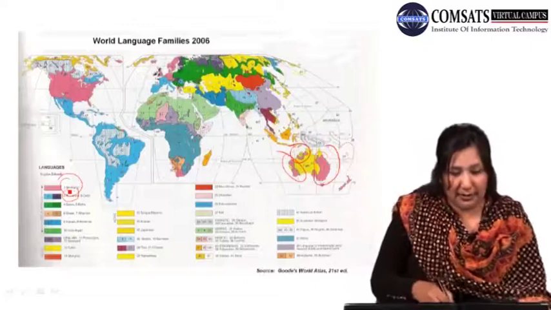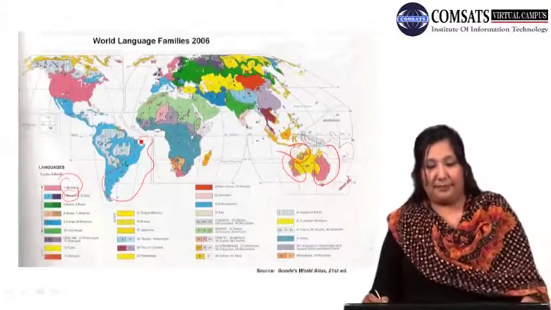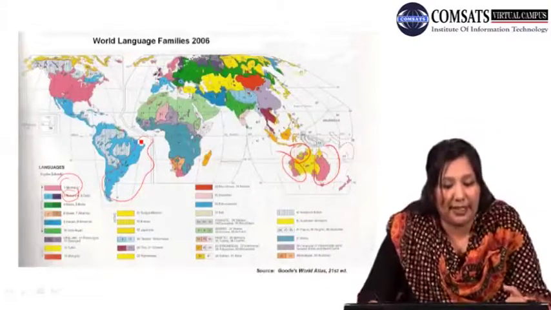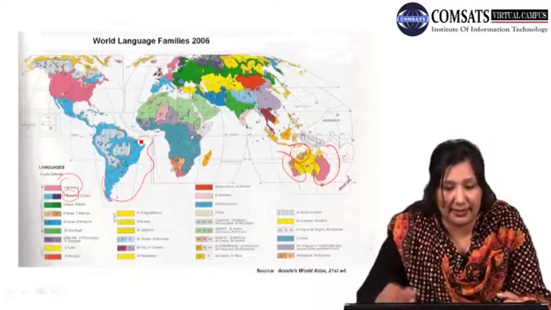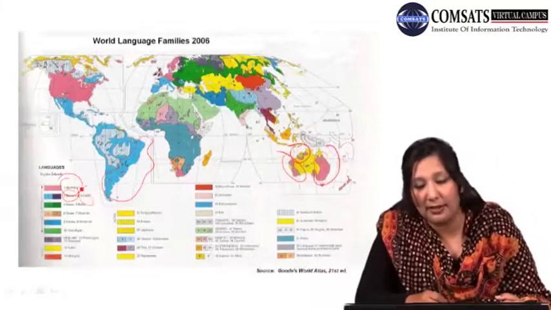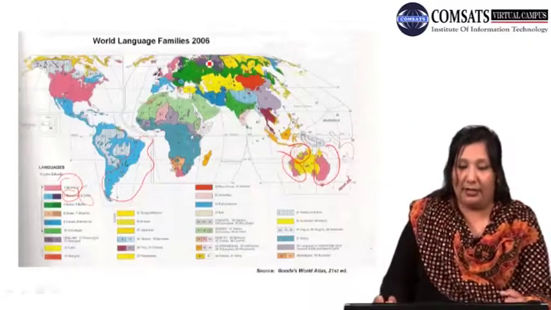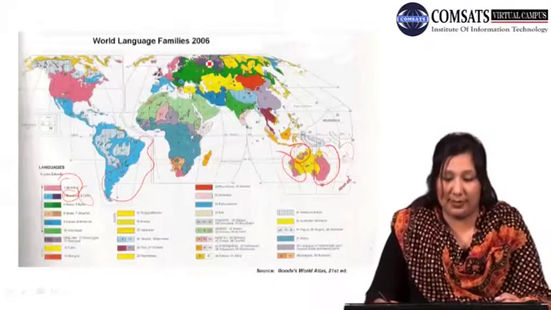Look at the Romance languages. They were spoken in this area of the land. Then comes Celtic. Celtic, the one shown in the dark color, is this one. They are known as Celtic languages.